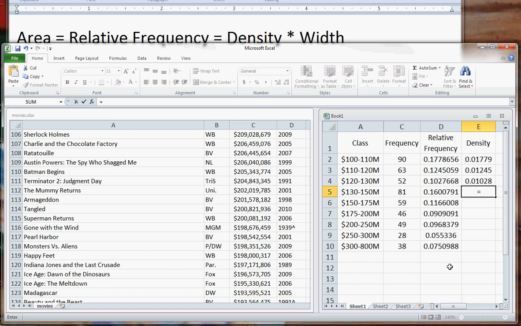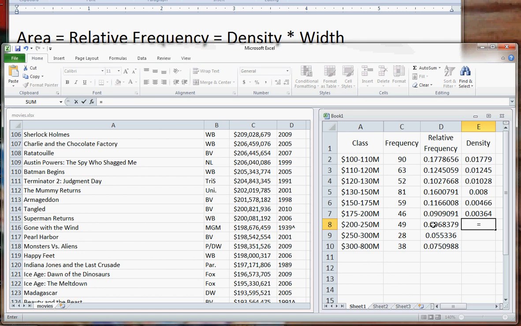Next category would be equal to this relative frequency divided by 20. And then the next relative frequency divided by 25 for this wider rectangle from 150 to $175 million. The next block will go from here divided by 25. Again, this has a width of $25 million.